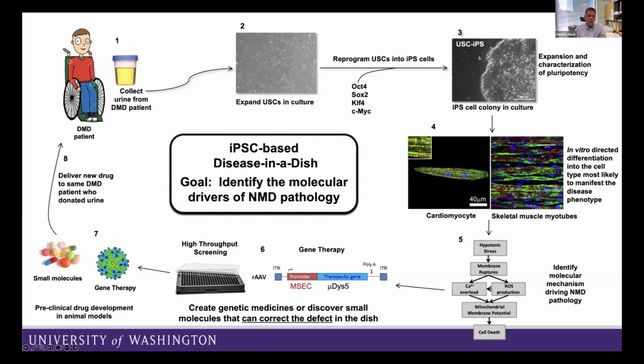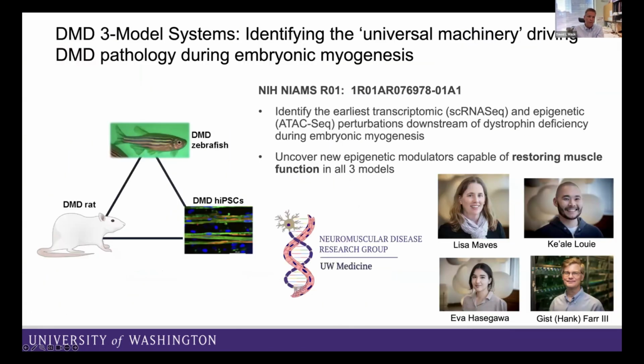We can give gene transfer, we can do CRISPR gene editing to ask, can we reverse the phenotype in the dish? And if we can, then we take that drug candidate into a normal drug validation platform with the idea of then delivering that back to the patient that donated the urine sample.